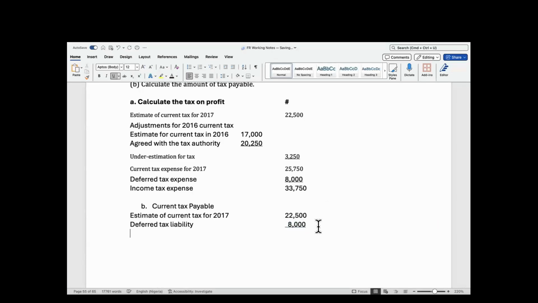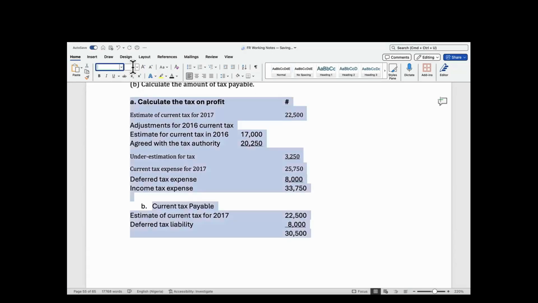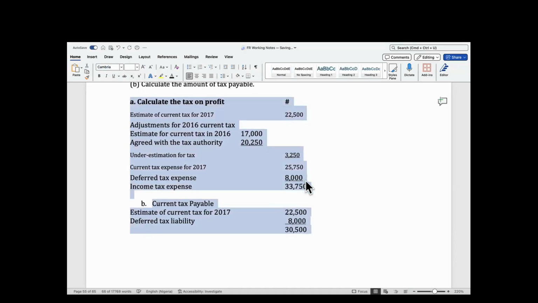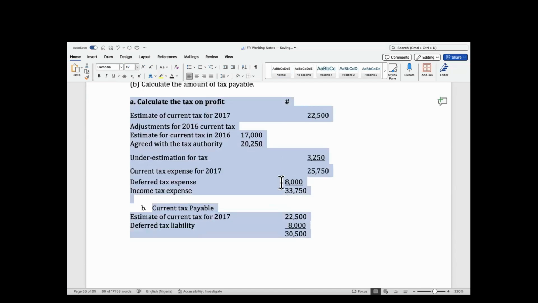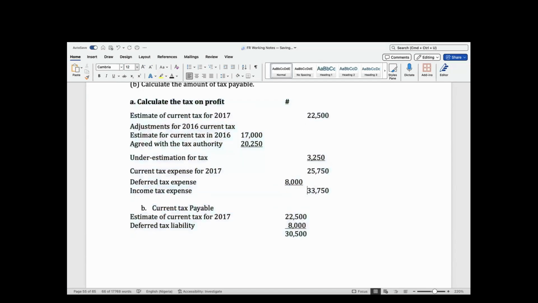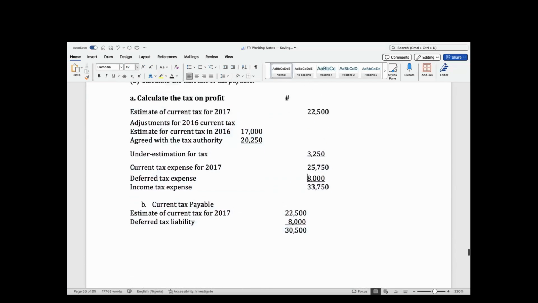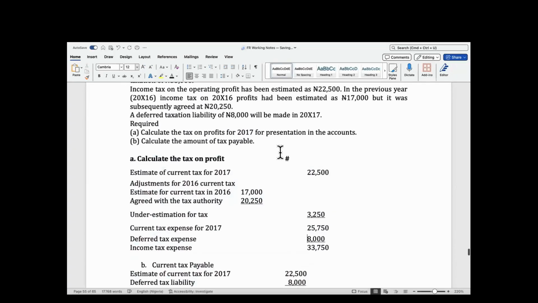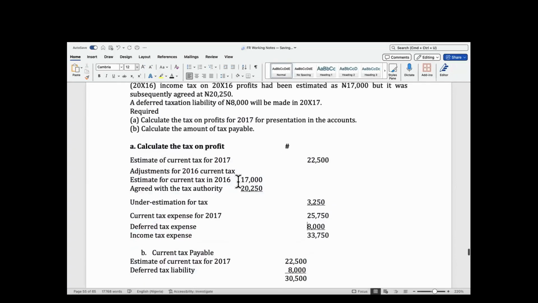So my current tax payable is 30,500. Okay. And that's the end of this question.